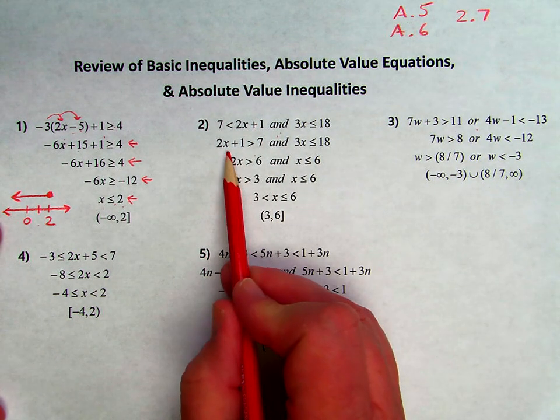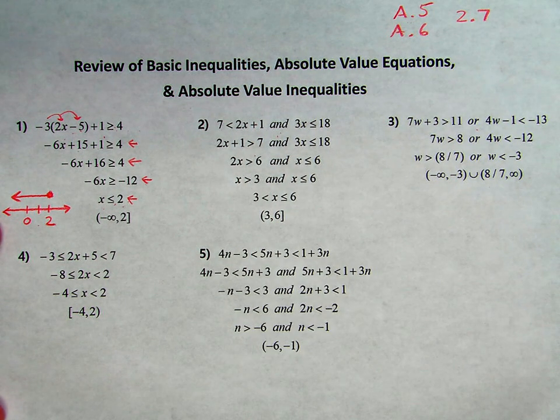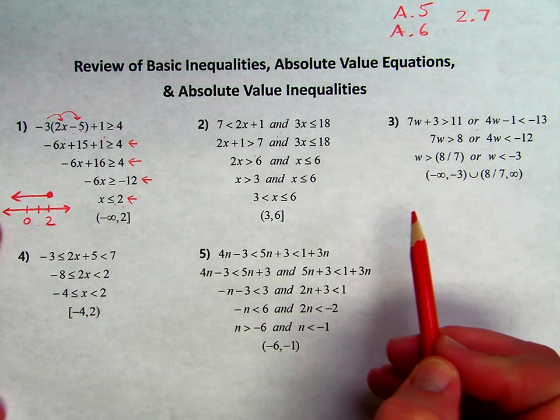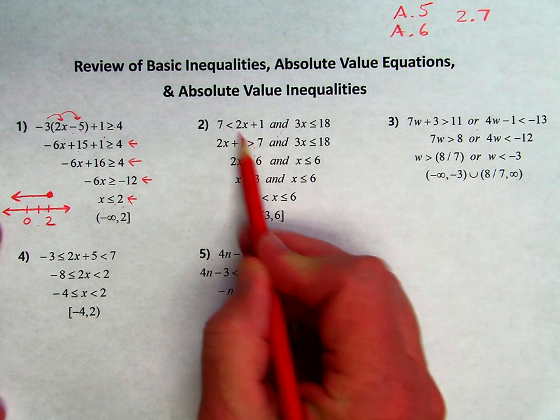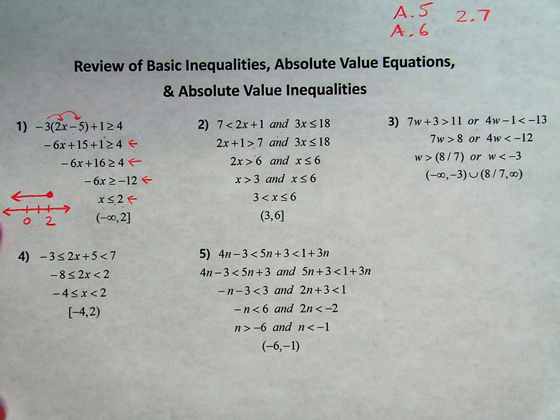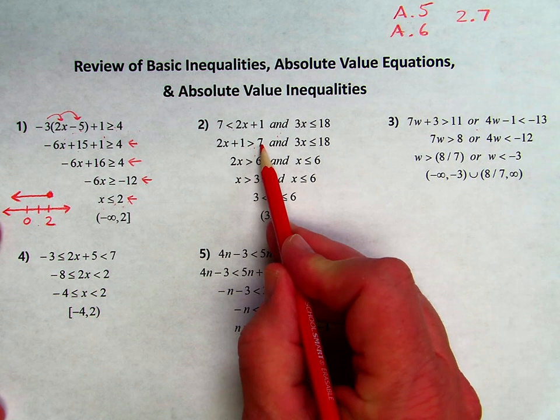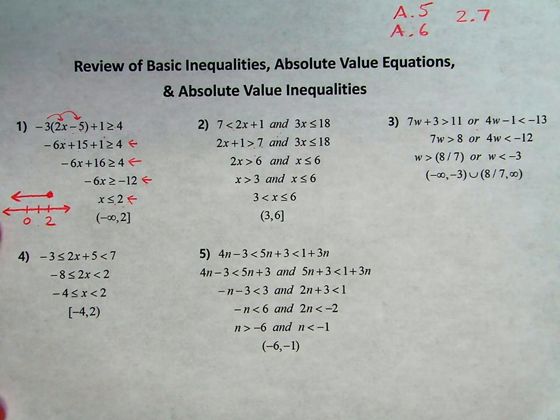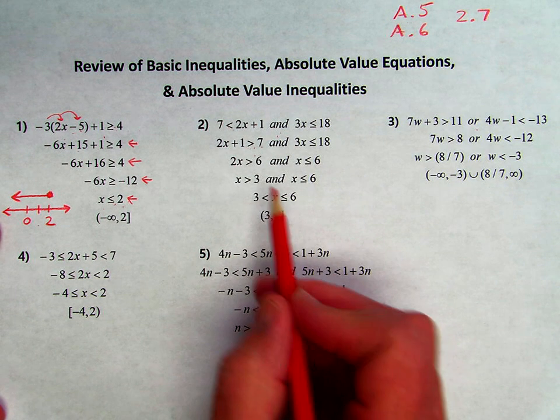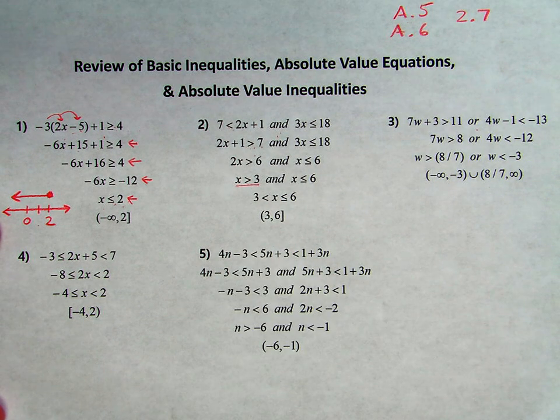I like it to have the letter on the left whenever reasonably possible when I'm dealing with inequalities. That flipping sides of the inequality will flip the arrow. So now it becomes very basic. Subtract 1, divide by 2. Neither of those moves cause the arrow to flip, so this solves the left half.